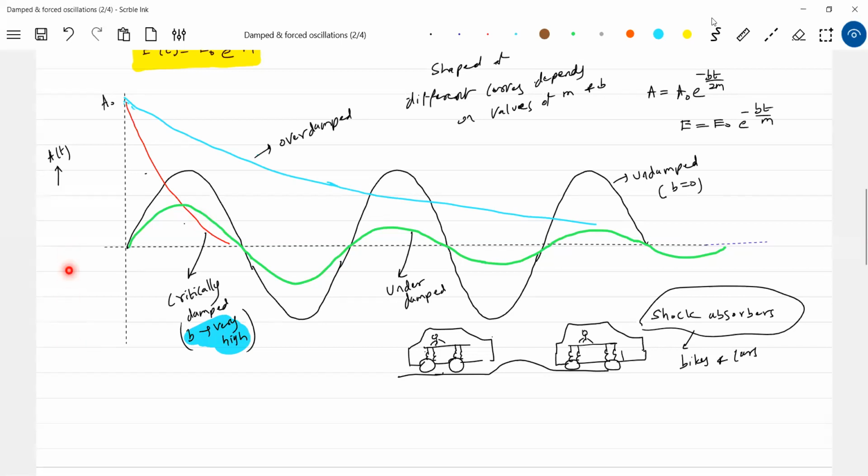It'll be like this, the amplitude keeps on decreasing. Suppose initially this amplitude, it will be like this initially. So look, the amplitude keeps on decreasing.